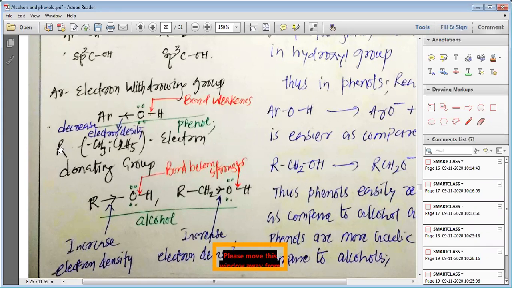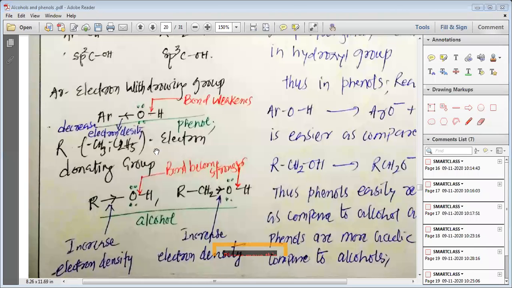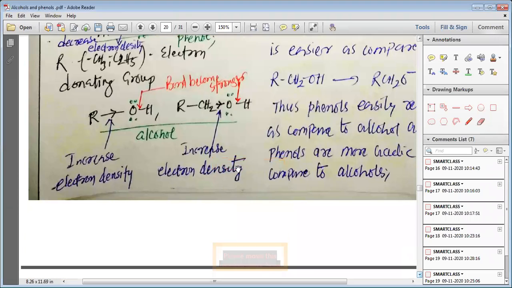At the same time, if we look at the alkyl groups like methyl group, ethyl group, or other groups, they are electron donating groups. As they are electron donating groups, they try to push electrons towards oxygen. As they push electrons towards oxygen, they increase the electron density on the oxygen of the hydroxyl group present in the alcohol.